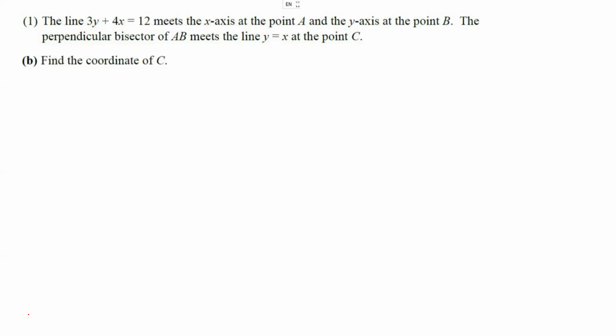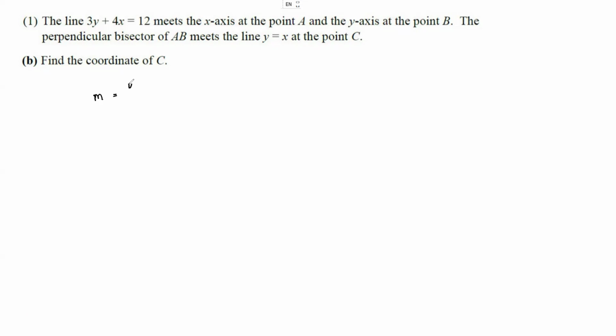Okay, so for B, find the coordinates of C. The perpendicular bisector of AB meets the line y = x at point C. For this, we need to find the gradient of the lines first.